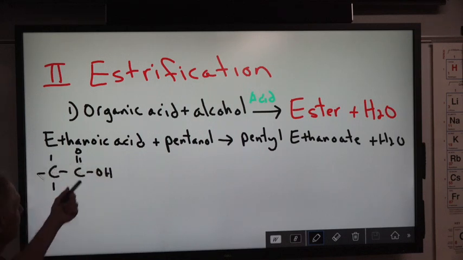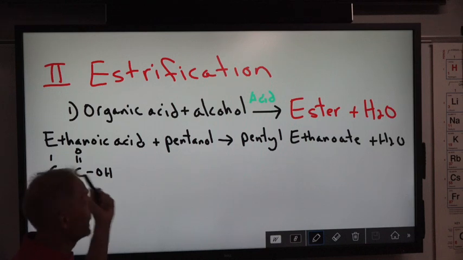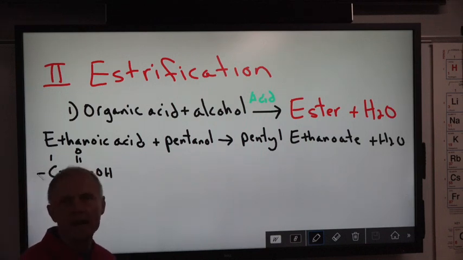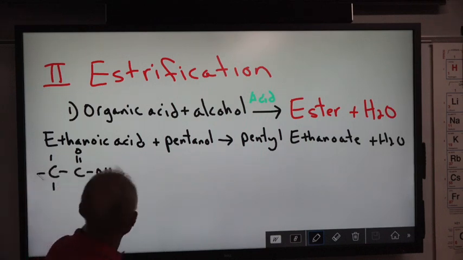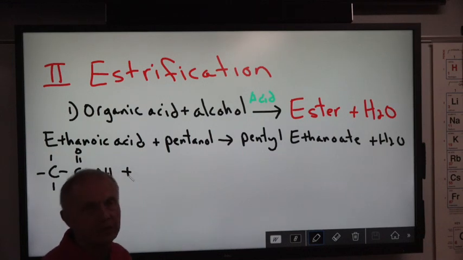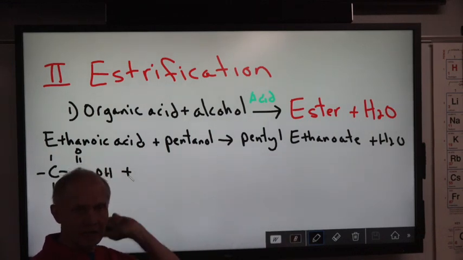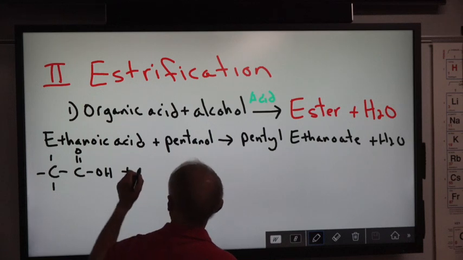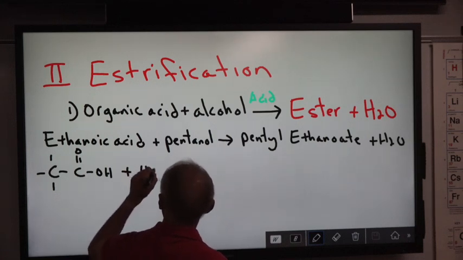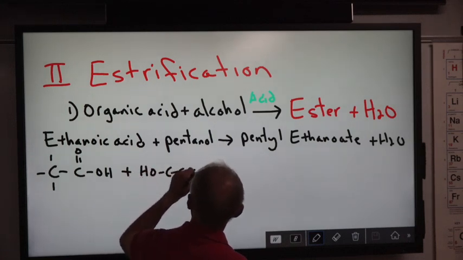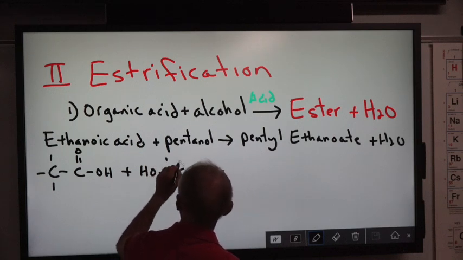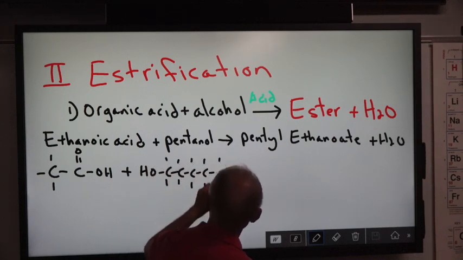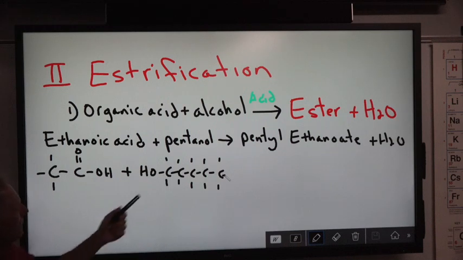There's my ethanoic acid with the OH at the end. Remember, organic acids are weak. They don't ionize very much. Now, pentanol has 5 carbons. We're going to put the OH at the beginning. All right, so that's what that looks like.